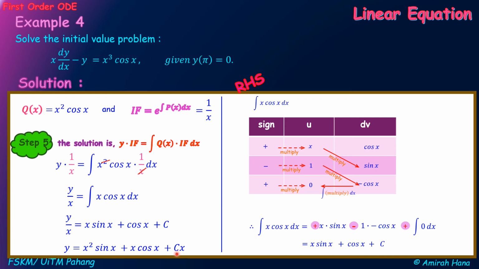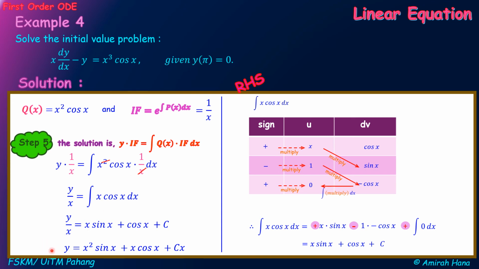Alright. So, the solution, when we solve this ordinary differential equation, we get y equals x squared sin x plus x cos x plus cx. This is called the general solution. Okay. But now we are given an initial condition.